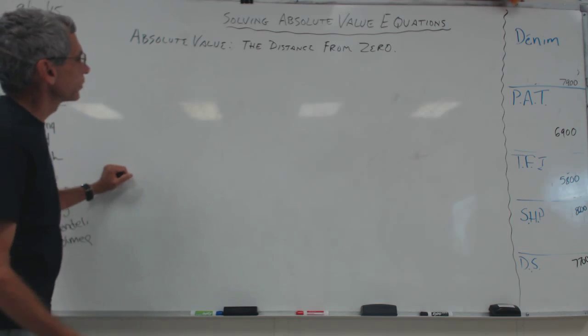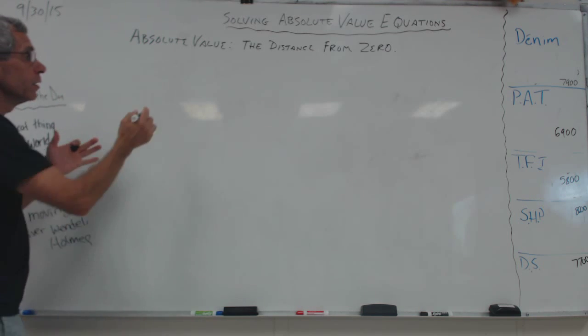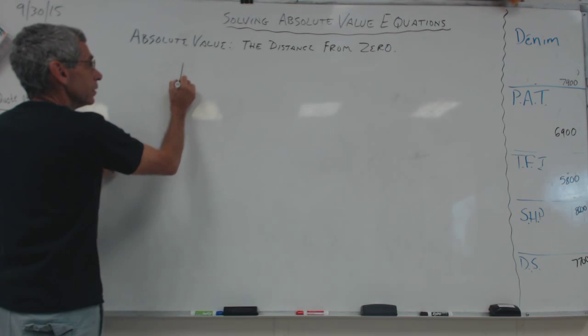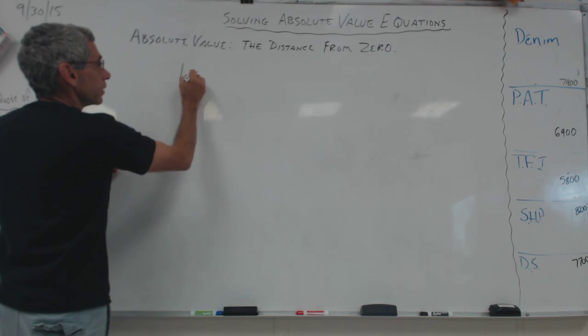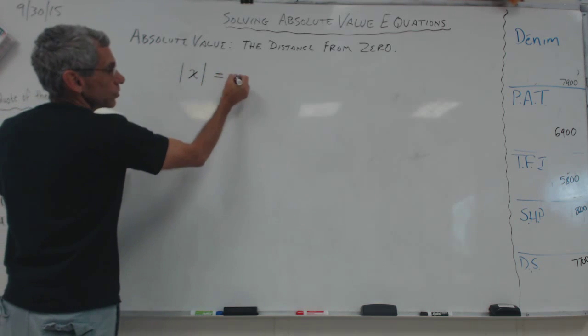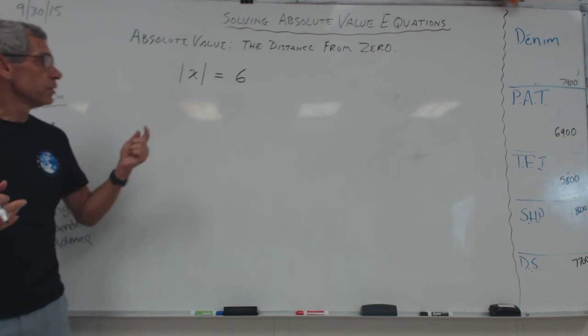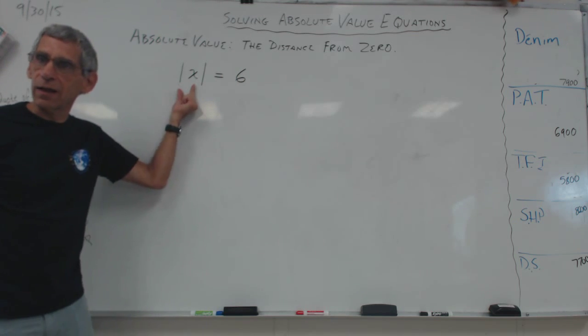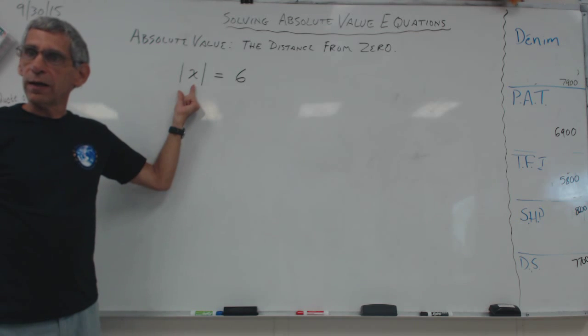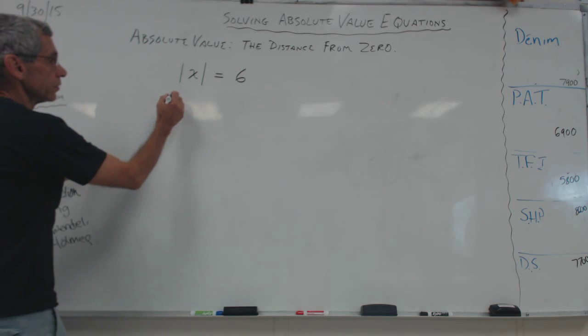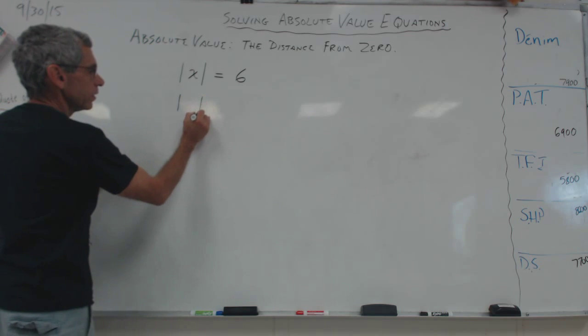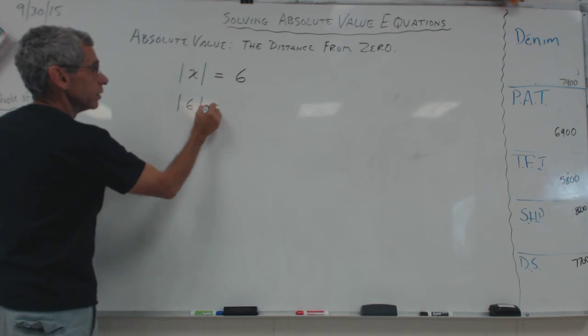Absolute value, distance away from 0. So in an equation, you might see something like this: the absolute value of x equals 6. That's an equation. Now instead of a number here, I've got an x, a variable. I could rewrite this as the absolute value of 6 is equal to 6.